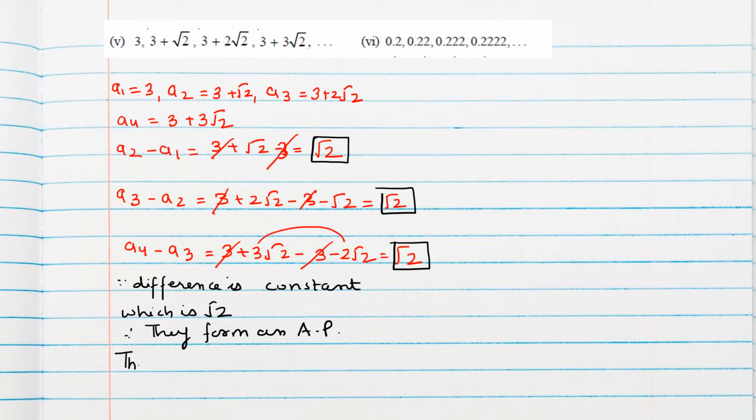So the three terms are, see what we should do, we should add root 2 to each preceding term, isn't it? So this was the last term for us, 3 plus 3 root 2. If we add 1 root 2, it will give 3 plus 4 root 2. Next will be 3 plus 5 root 2. And next will be 3 plus 6 root 2.